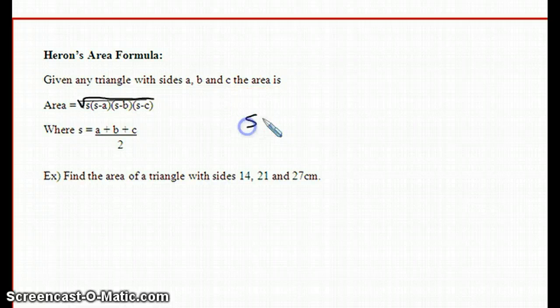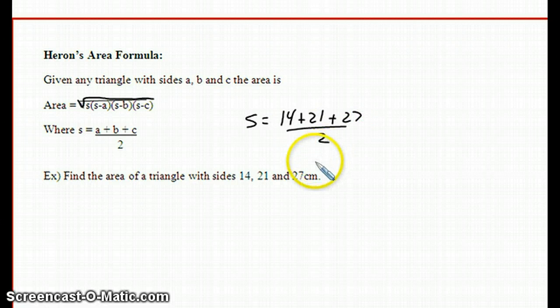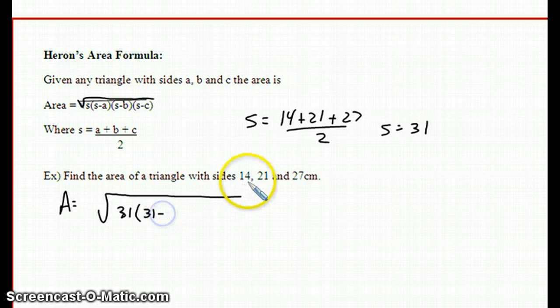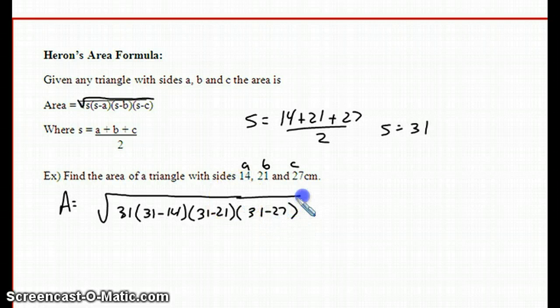So let's first find S in our problem. Here are my side lengths. 14 plus 21 plus 27 divided by 2. That's going to give me an S of 31. So now using my formula for area, I'll do S, 31, times 31 minus A, we'll call this A, we'll call this B, this C, times 31 minus 21 times 31 minus 27.